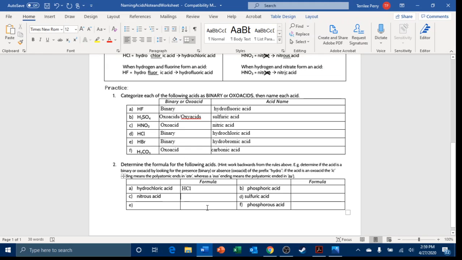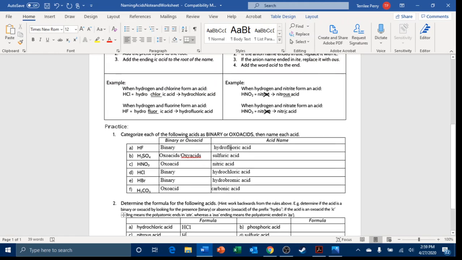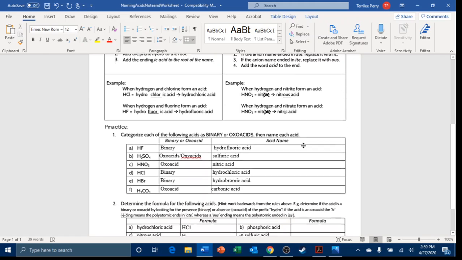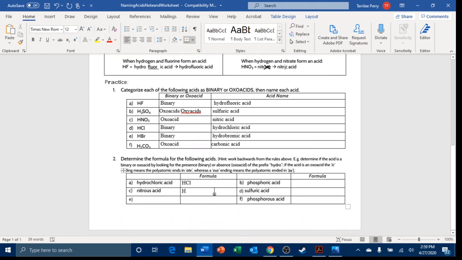So let's look at the next one. Nitrous. Okay, we still know there's an H. There's always an H, but you don't say it. And then you're looking at ous. Let's go back up here. ous comes from ite. So we know that this is nitrite.